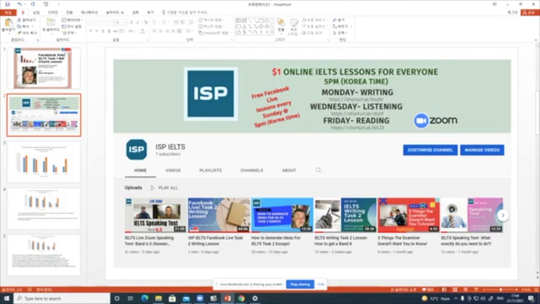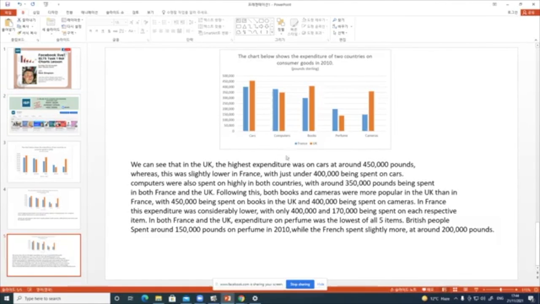Felix says, "Can we get the soft copy of this work?" Yeah, what I'll do is add this to my Facebook group. If you come to the ISP IELTS Facebook group, there'll be a place for me to put the information, and I'll put this essay in PDF form, or maybe even a picture that you can access later on.